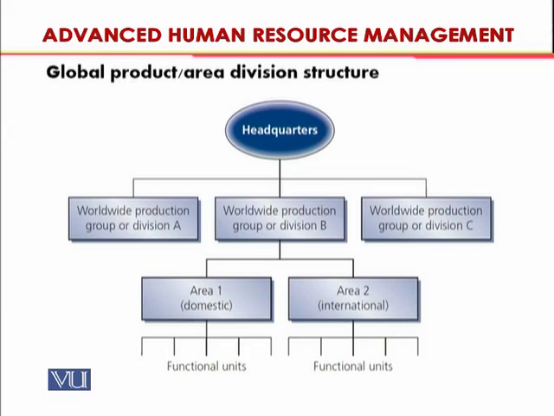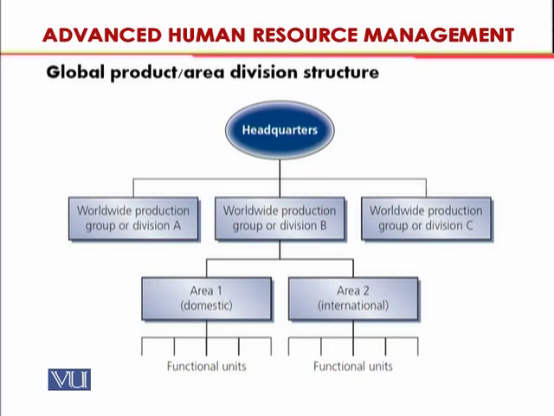So if an organization is producing 3 products, A, B, and C, and they want to go for a product division structure, they would have one worldwide production group or division A, worldwide production group or division B, worldwide production group or division C.